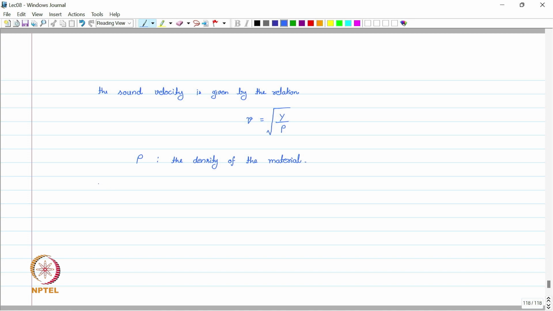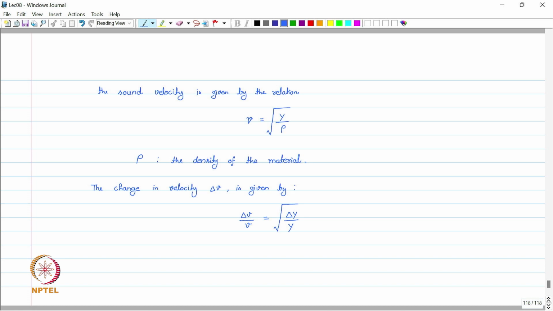And the change in the velocity, delta V over V, is equal to delta Y, the change in the Young's modulus, divided by the original Young's modulus.